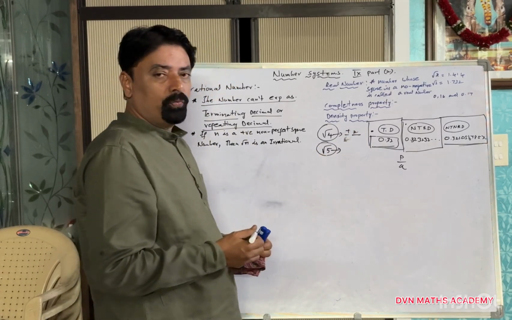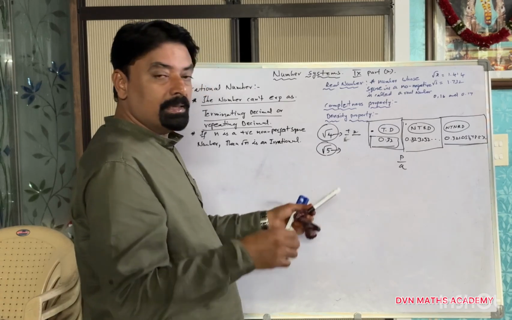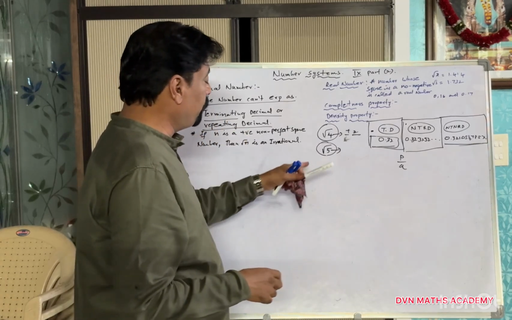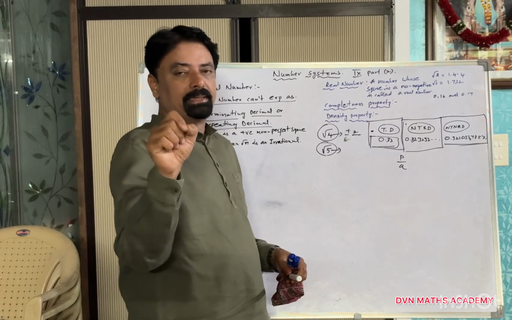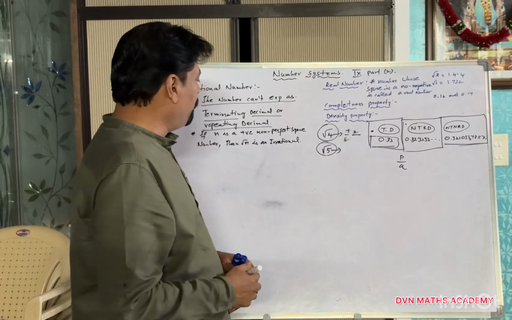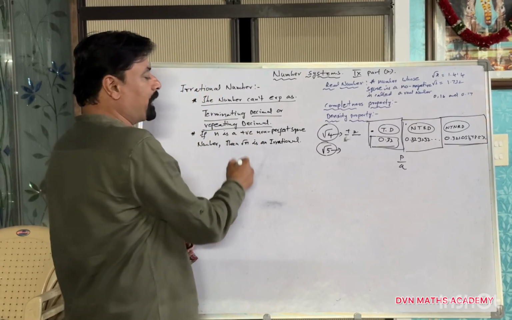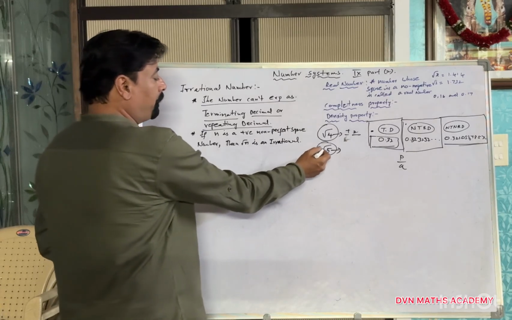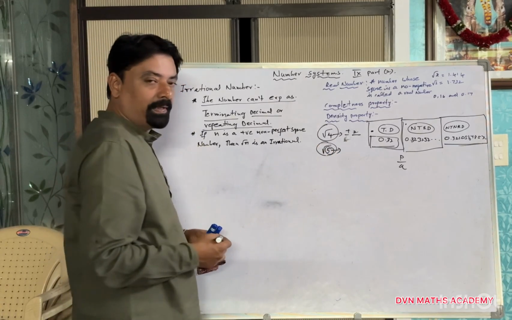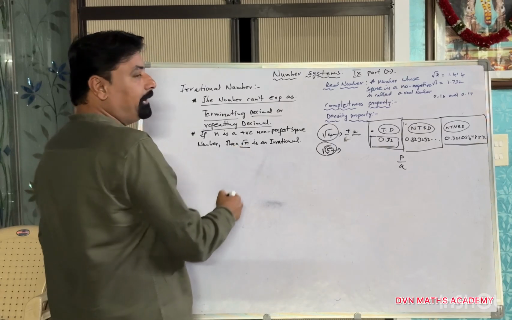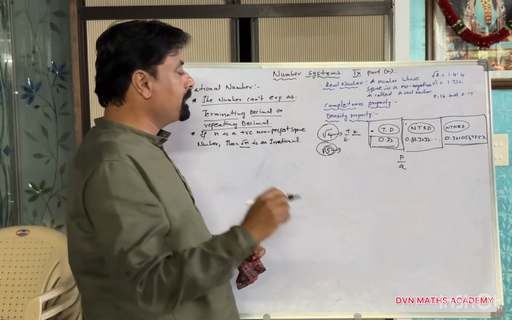But root 5 is the root of a non-perfect square number. Therefore, we can call root 5 an irrational number. Here my second definition is: if n is a positive non-perfect square number, here 5 is a positive non-perfect square number, then root n is defined as an irrational number.